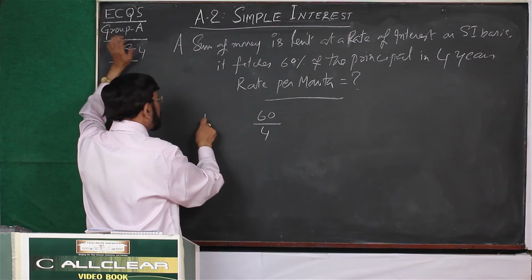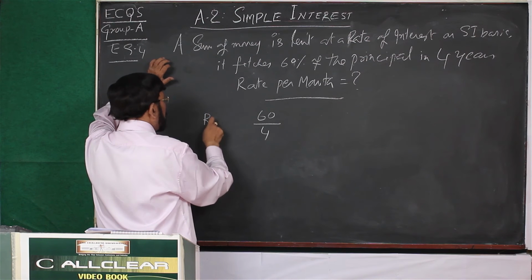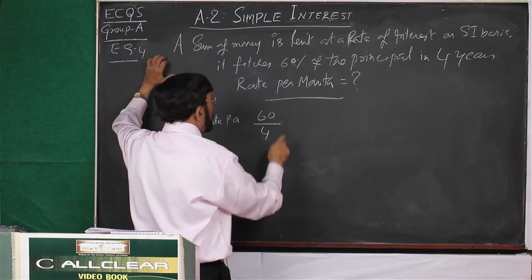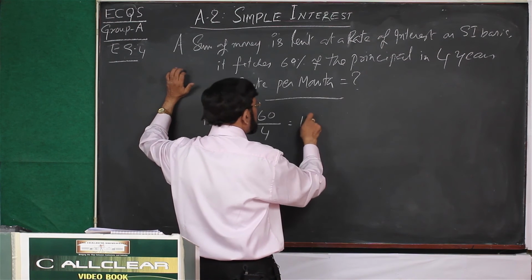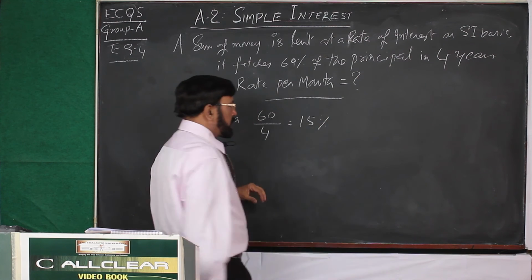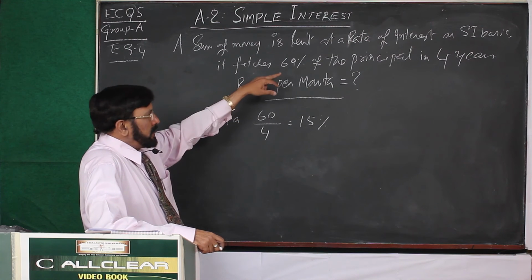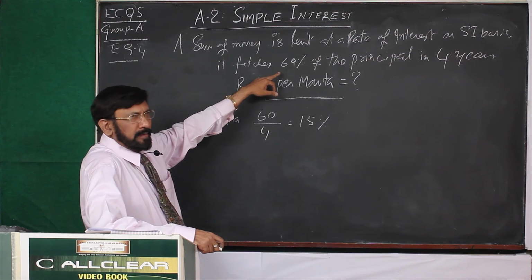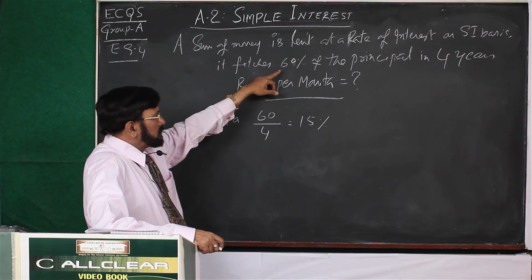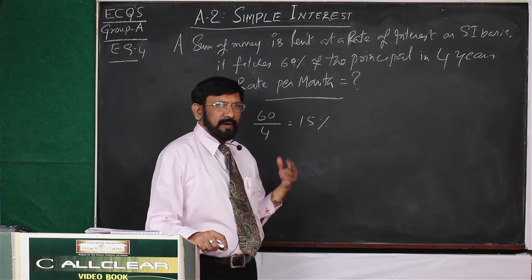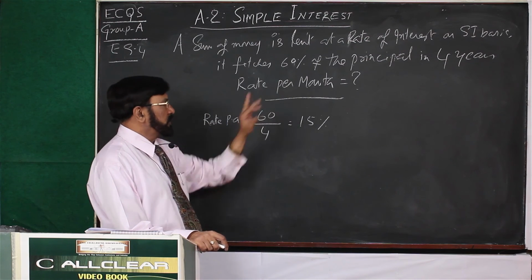For 1 year, rate per annum, it comes 15%. Just understand that by lending money, the lender gets 60% of the principal amount in 4 years.